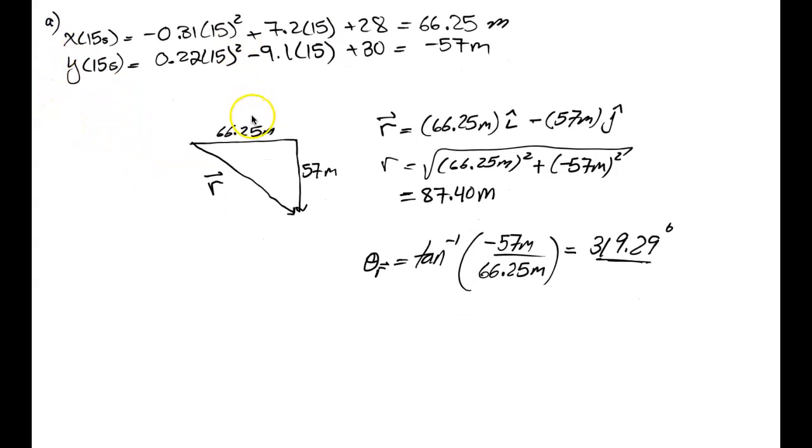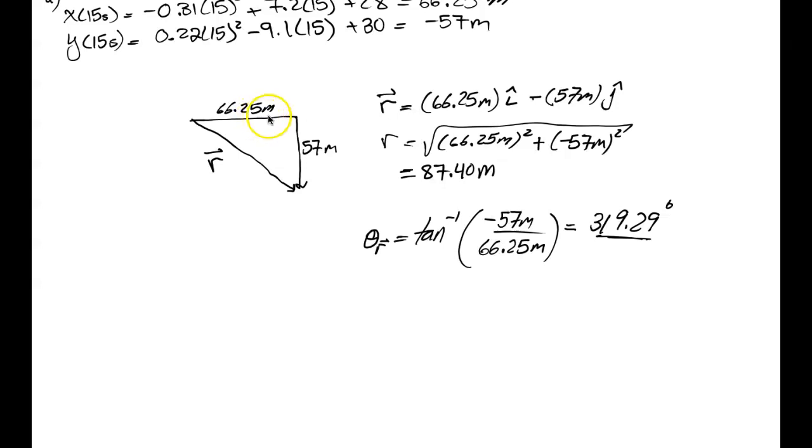Part B is asking what is the velocity of the rabbit. So for part B, we know that the velocity is going to be the derivative of the x function with respect to time in the i hat direction, and then the derivative of the y component of motion with respect to time times the j hat direction.